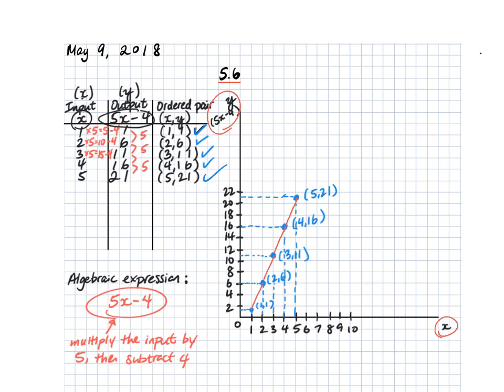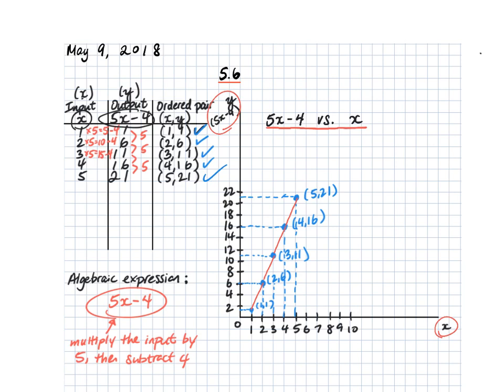So for this, I'm actually going to use the algebraic relation, which is the best and most specific way to name it. So it's 5n minus 4. Oh, not 5n, sorry. It should be 5x minus 4 against or versus x. And then you can use a straight edge to underline that title there.